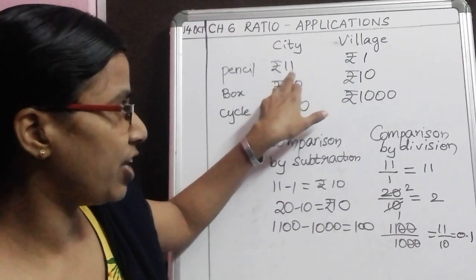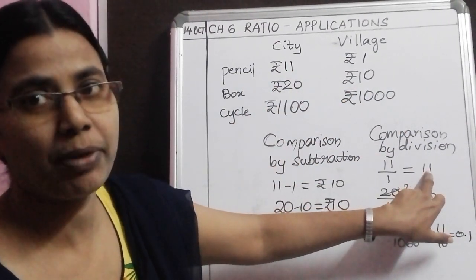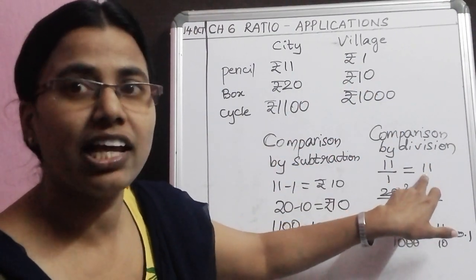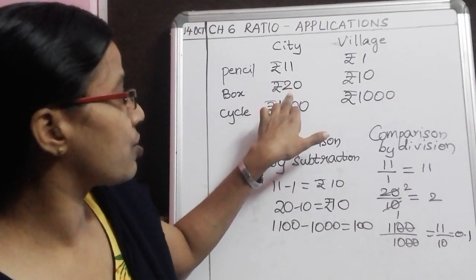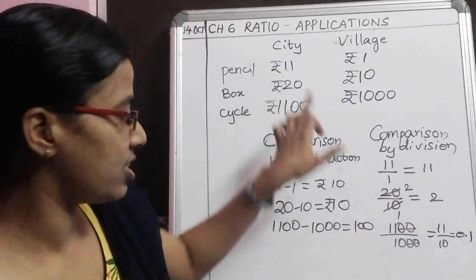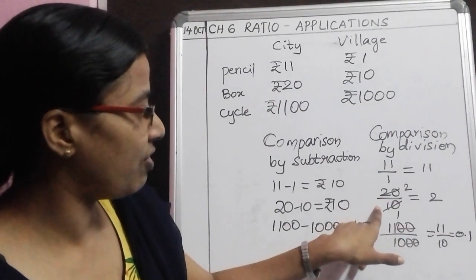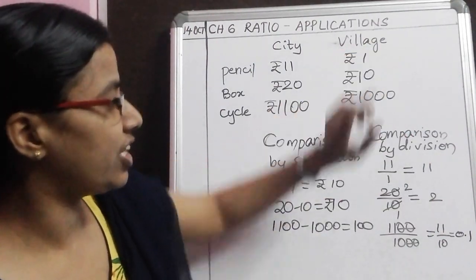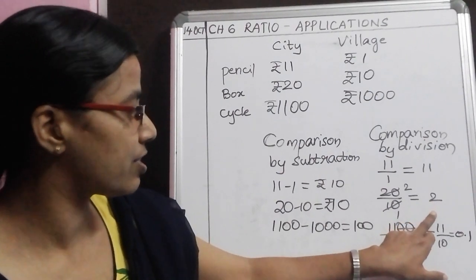If you take 11 rupees and go to the village, you are going to get 11 pencils. The same thing, if you buy a box, 20 rupees in the city gets you 1 pencil box, whereas in the village, you can buy 2 pencil boxes.